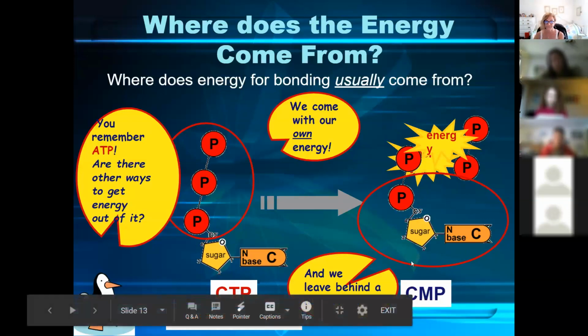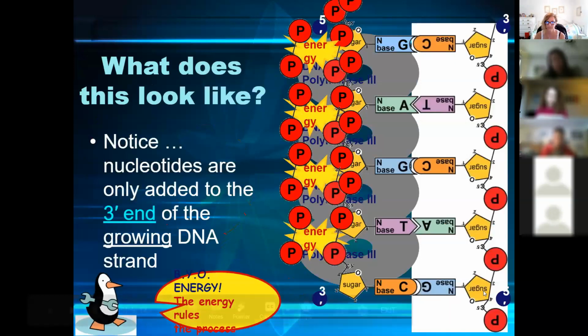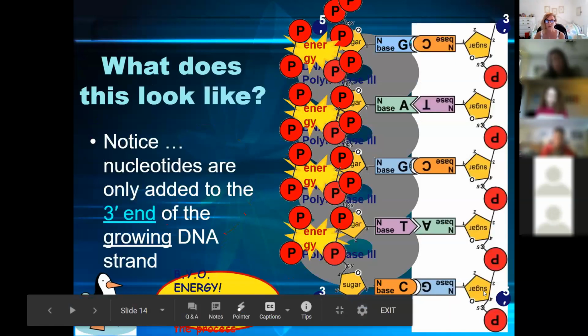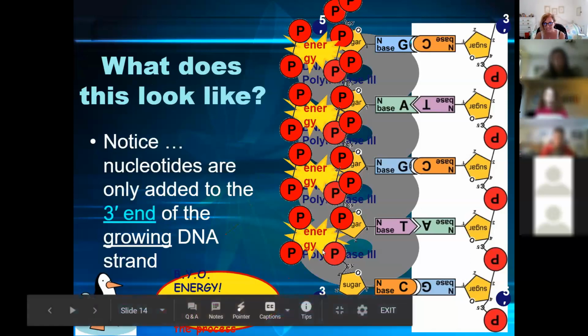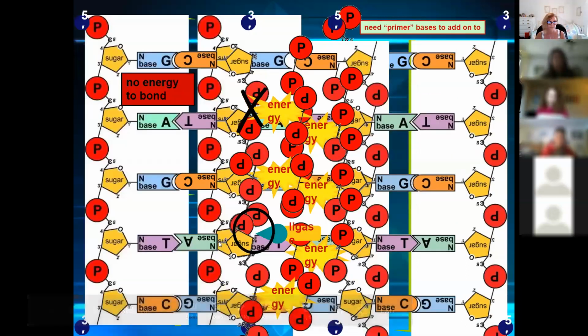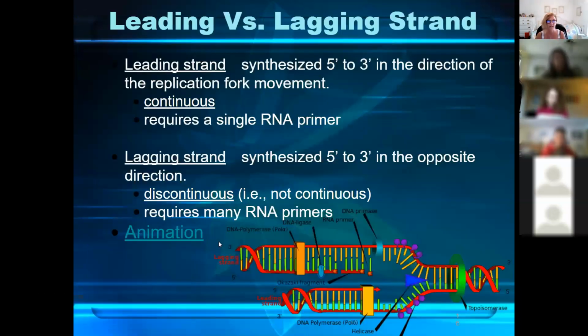It's kind of cool. If you launch this in PowerPoint, it's animated and it goes one at a time. I didn't launch it in PowerPoint. So you would see how each of these has its own triphosphate, and then you would see the double phosphate break off and leave behind the single phosphate that's part of that nucleotide. Okay.